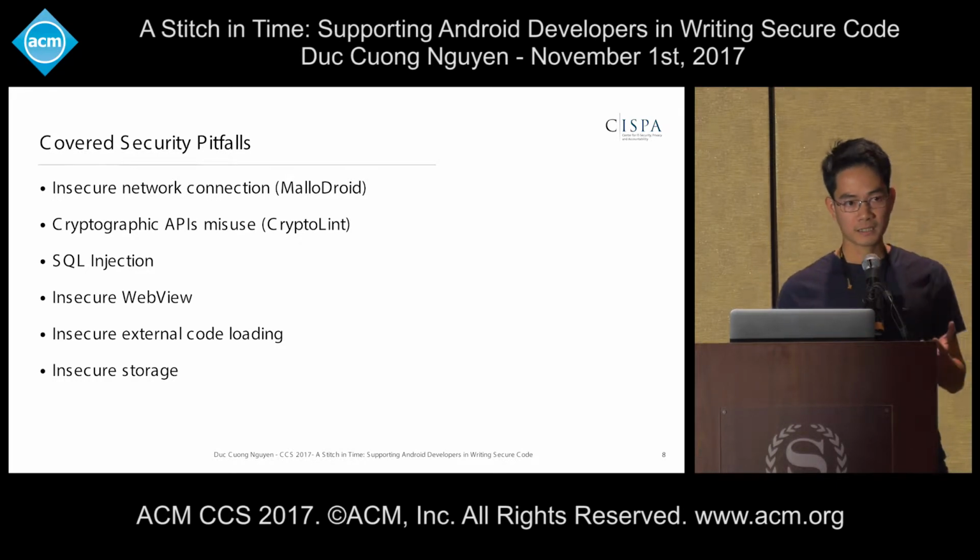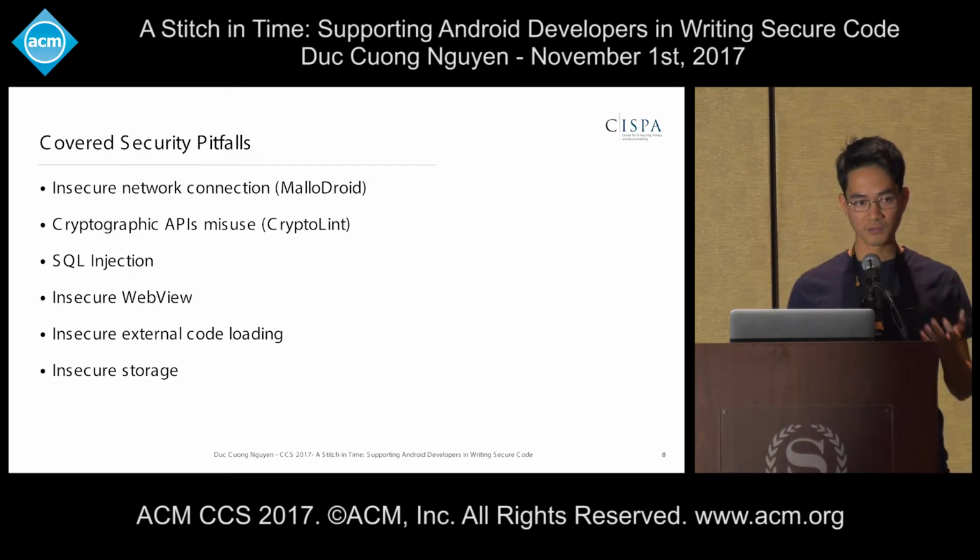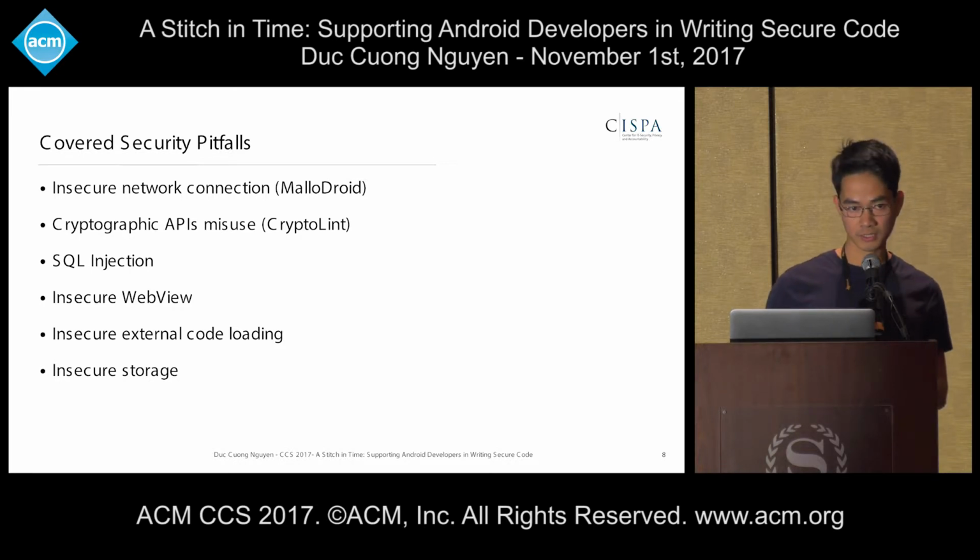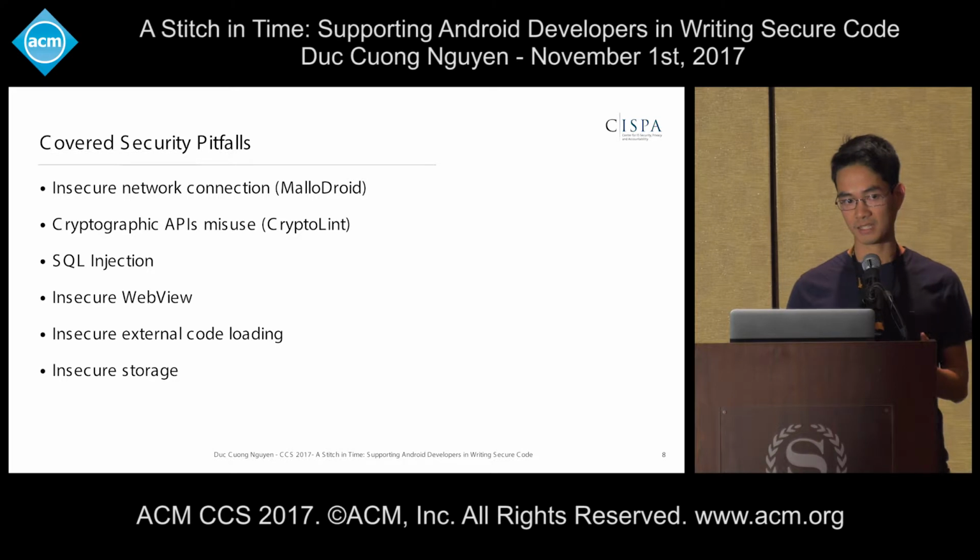We also extract some common pitfalls in terms of cryptographic API misuse from the CryptoLint paper. Furthermore, FixDroid checks if developers write code that is vulnerable to SQL injection attack, and if developers use a WebView object that loads a local HTML file from a publicly accessible folder while enabling JavaScript execution.